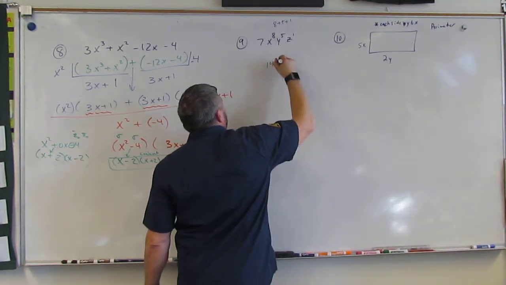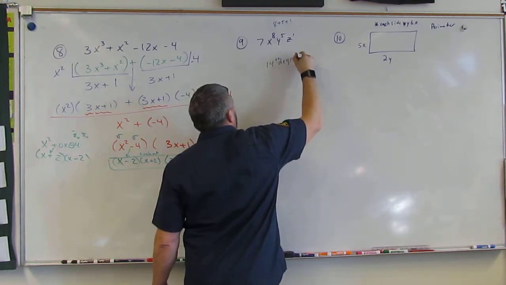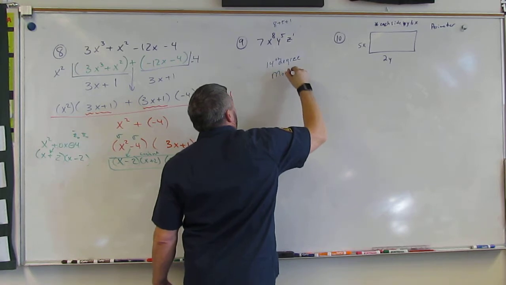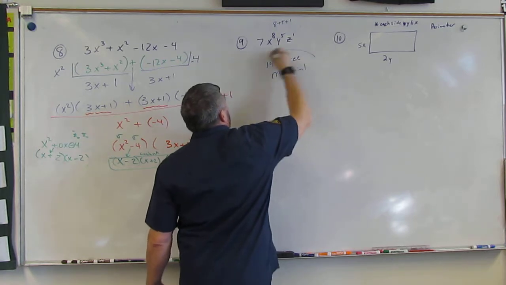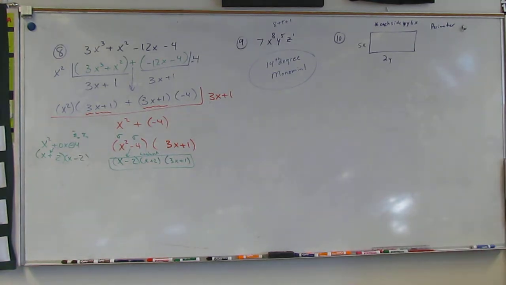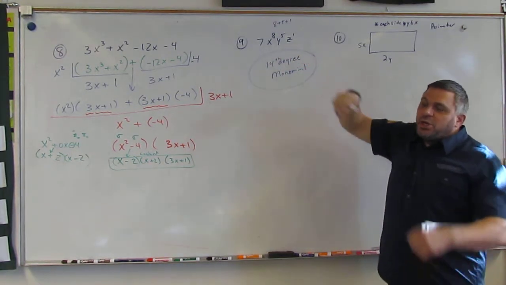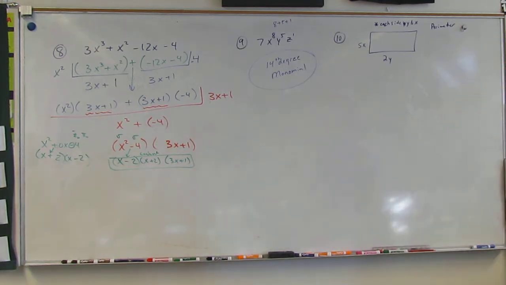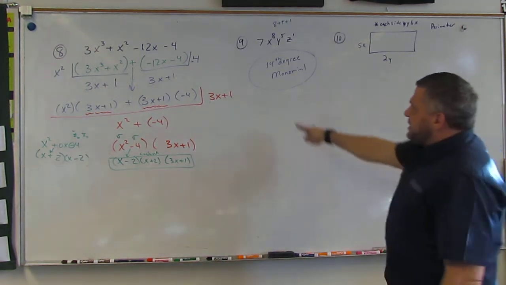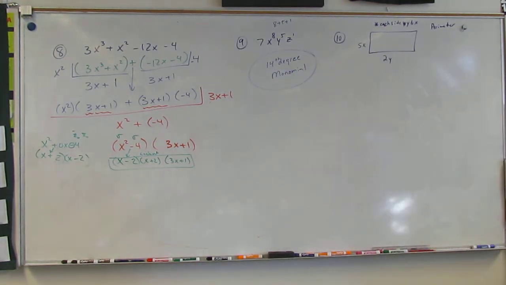So this is a 14th degree monomial, because there's only one piece. It's not added to anything. Does that make sense? When you have multiple variables that are multiplying, you have to add those exponents. You can't just say this is the 8th degree polynomial. It's not. You have to add those exponents.